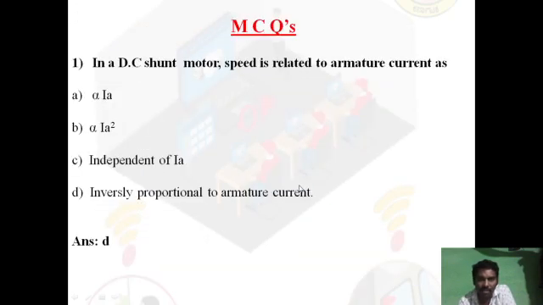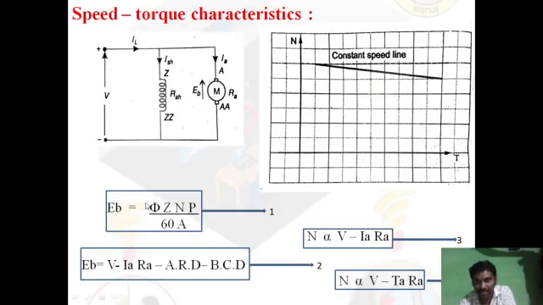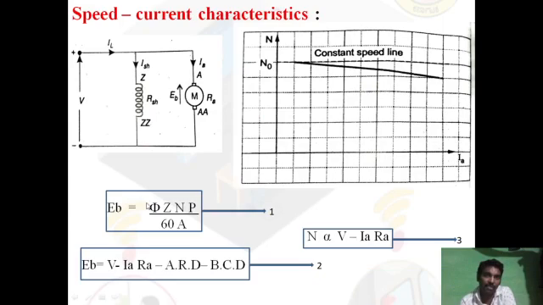The options are: directly proportional to IA, directly proportional to IA square, independent of IA, and inversely proportional to armature current. If you observe the characteristics of speed current, as the armature current increases, the speed is decreasing.